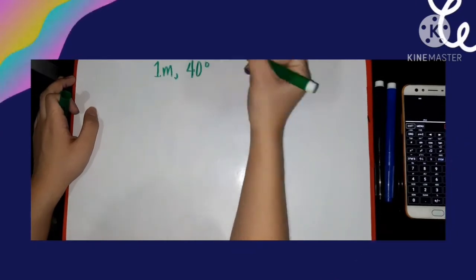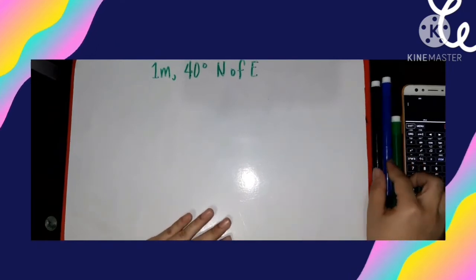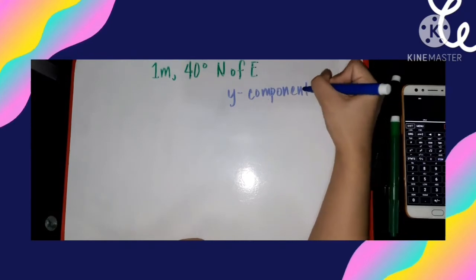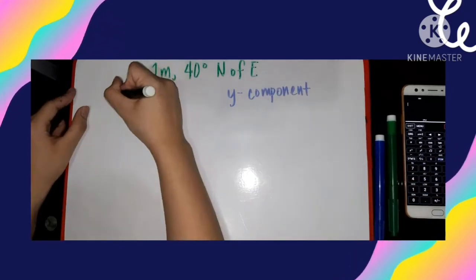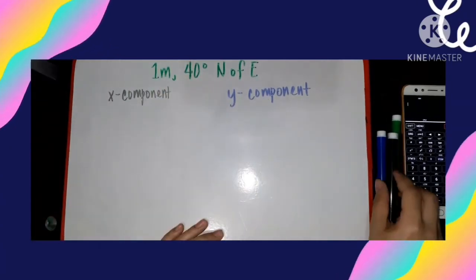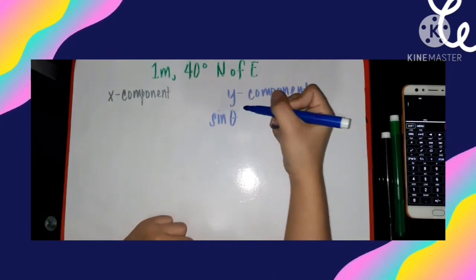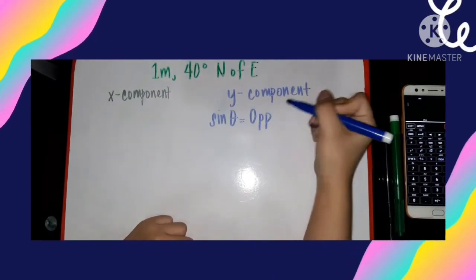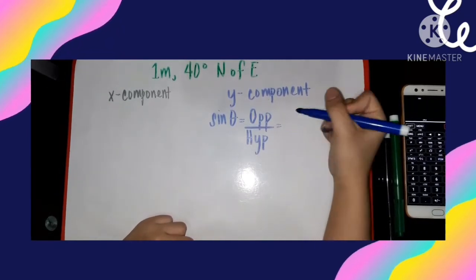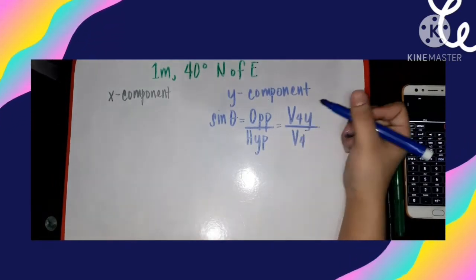One meter 40 degrees north of east, y component, and x component. Sin theta is equal to opposite over hypotenuse sides is equal to V4y over V4.